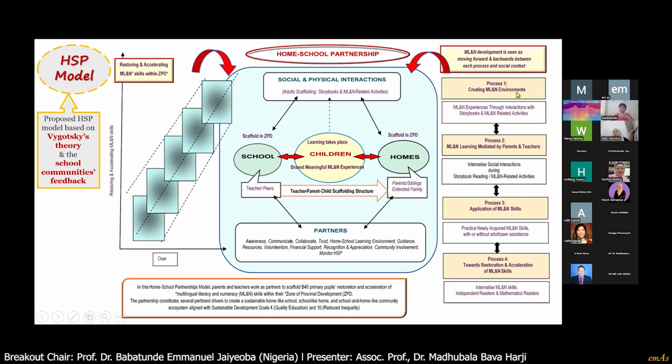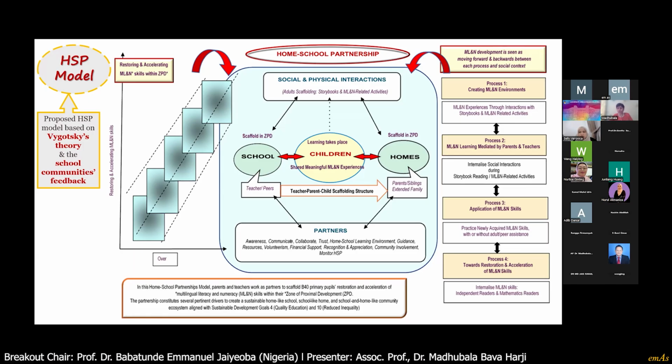And the processes involved in developing the children's literacy and numeracy skills begin with creating the environment, mediating the process of developing, restoring and accelerating the children's literacy, where the children eventually will internalize the social interactions with the books and the materials provided by the school.